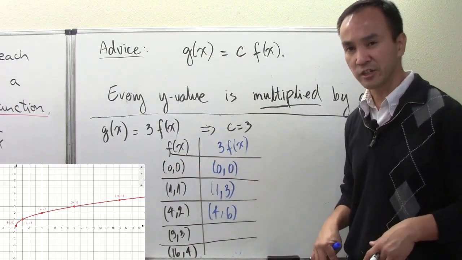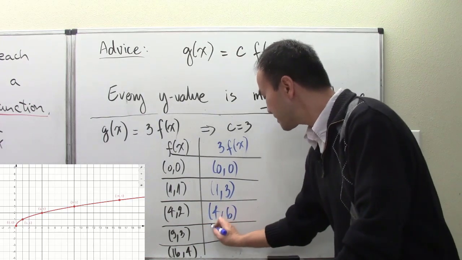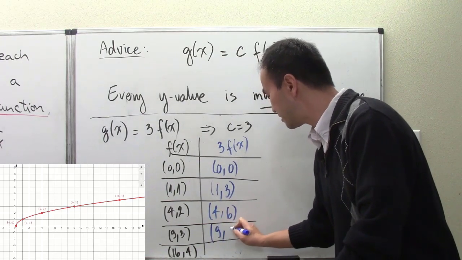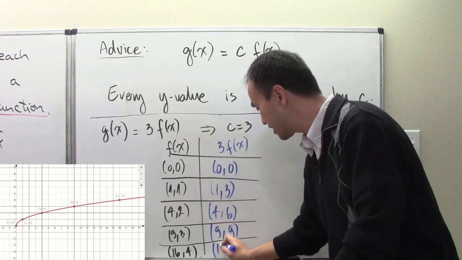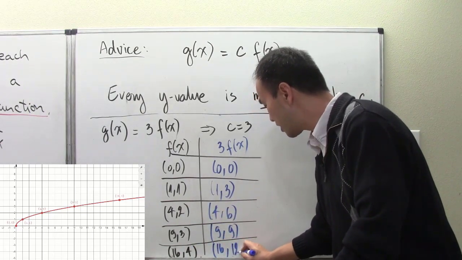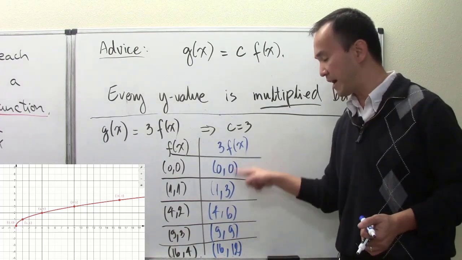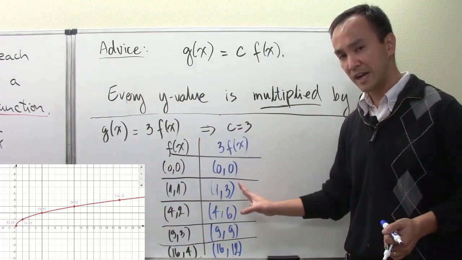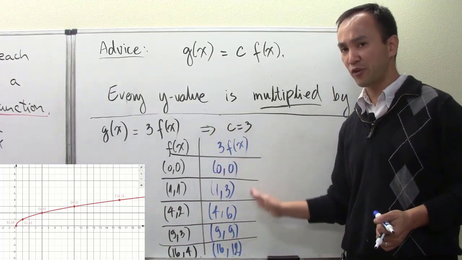Now I can start picking up the pace a little bit. The next point gives me (9, 9), and the next point is (16, 12). So all of these y values are multiplied by 3. Now we can put these final guiding points on the graph, and I'm writing them in blue ink.